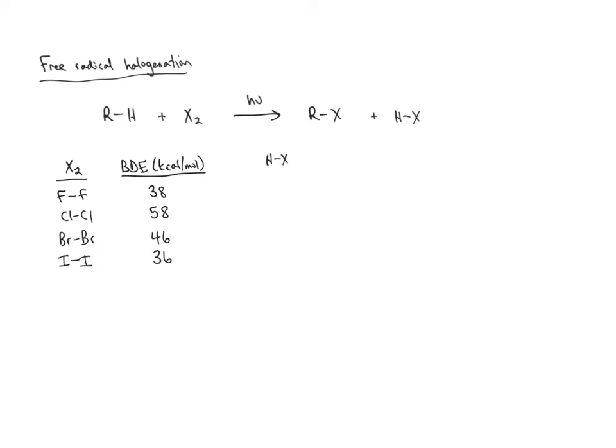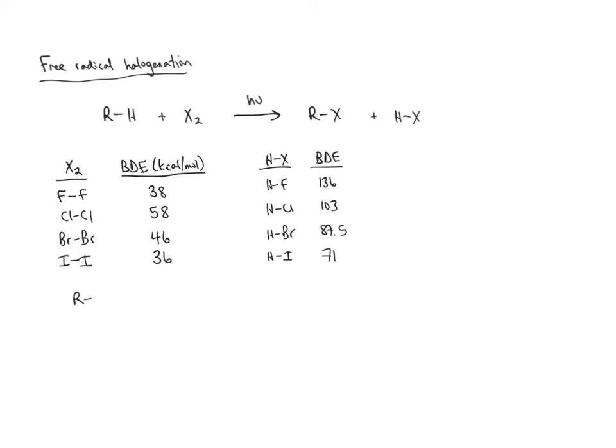For HX, the BDE for HF is 136, HCl is 103, HBr is 87.5, and for HI is 71.